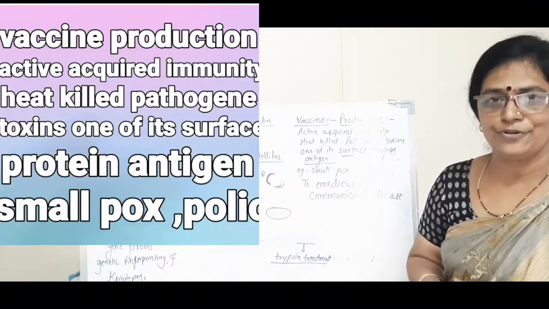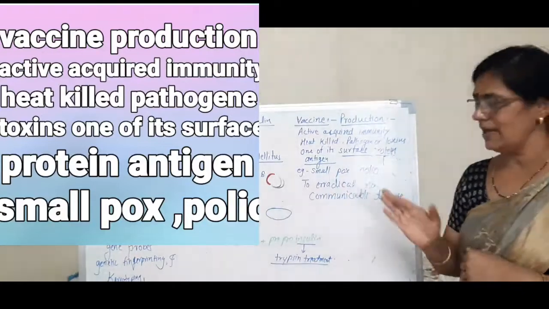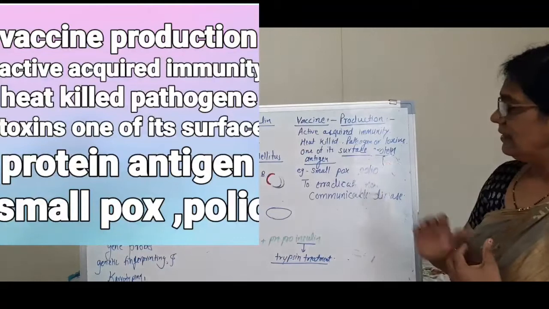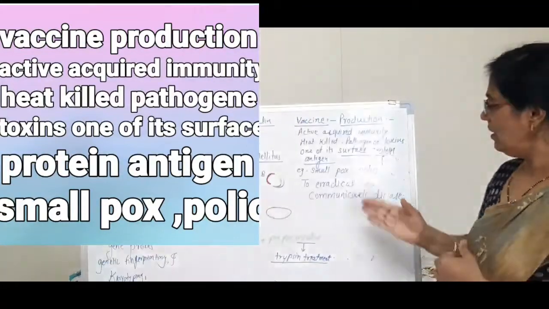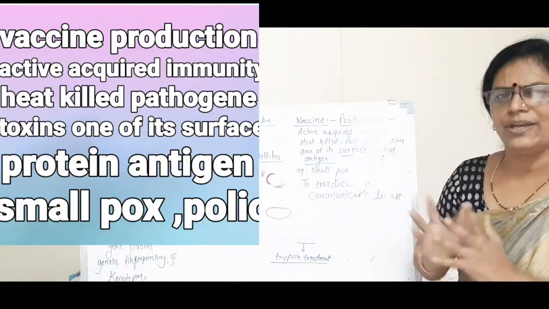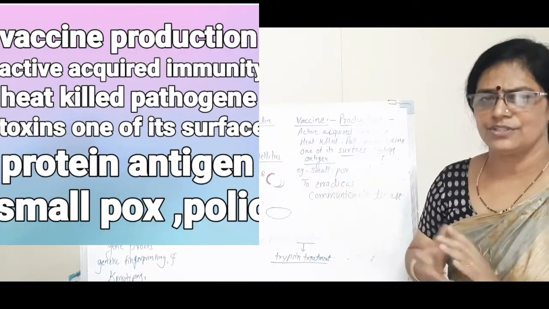Such vaccines are produced against smallpox and polio. The vaccines are used to eradicate the communicable diseases.